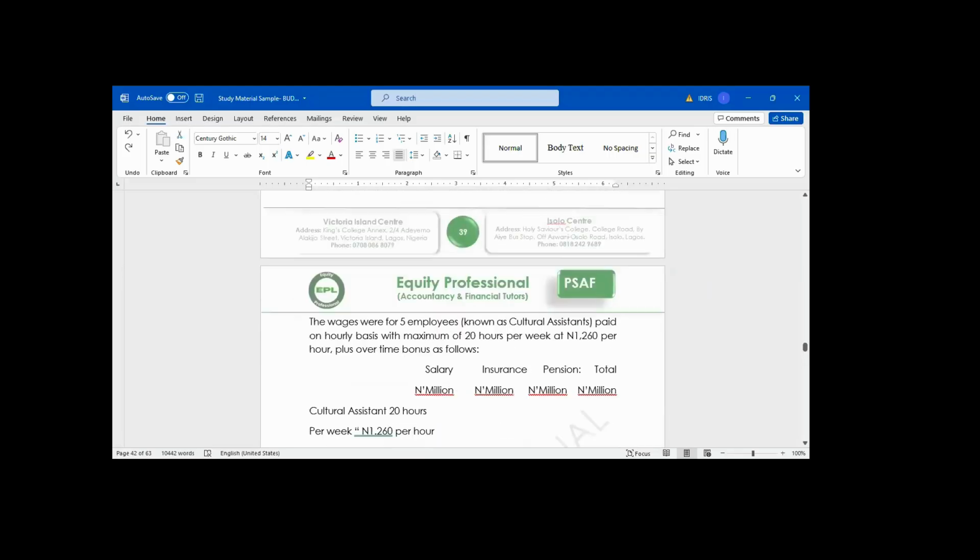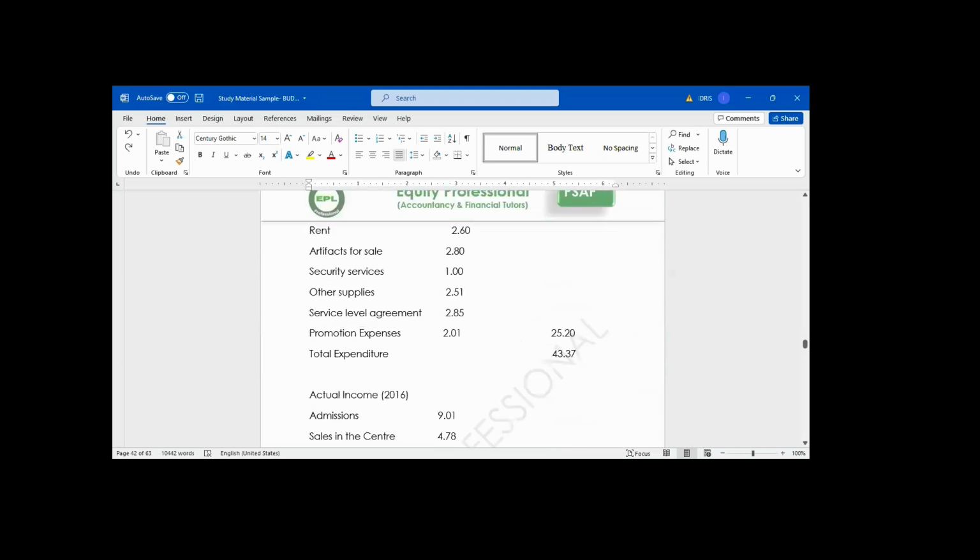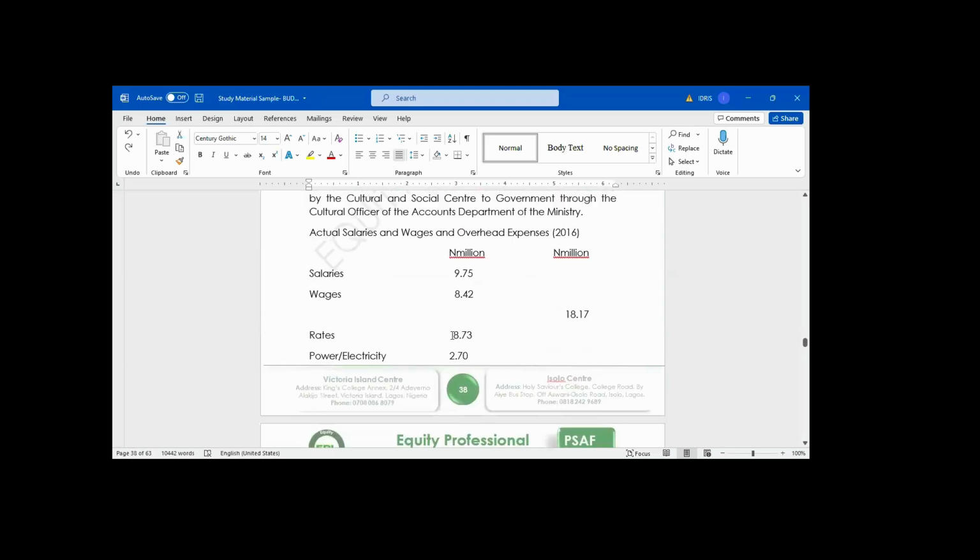What is the rate for 2016 in the question? The rate for 2016 is 8.73. This 8.73 is for 2016.